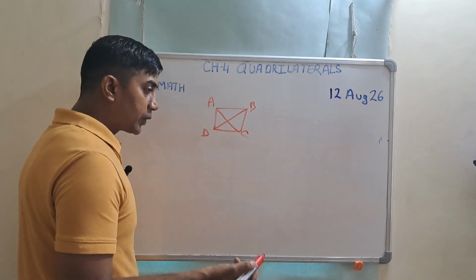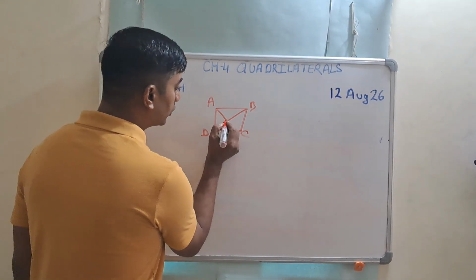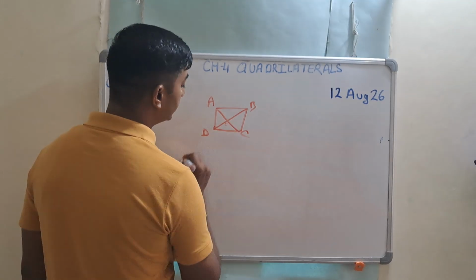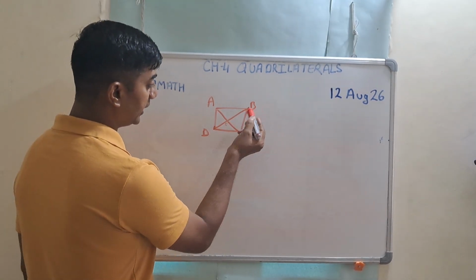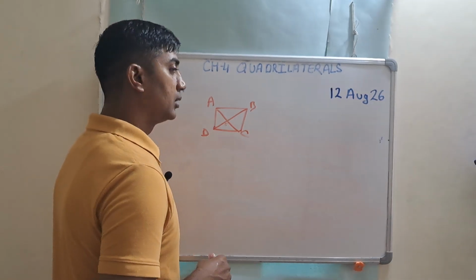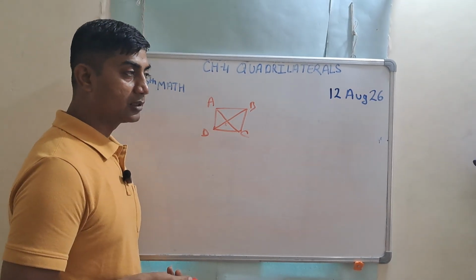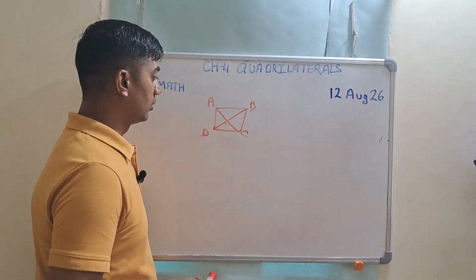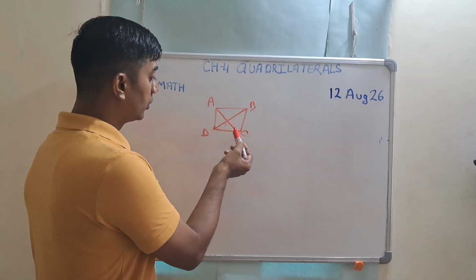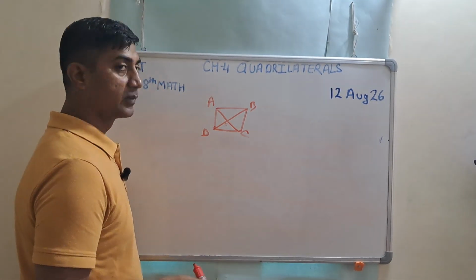See, from the property of rectangle, we already know that if this is the point of intersection, then AO, DO, OC and OB are bisecting each other, and the length is equal. Means AO equals DO equals CO equals OB. This we know.